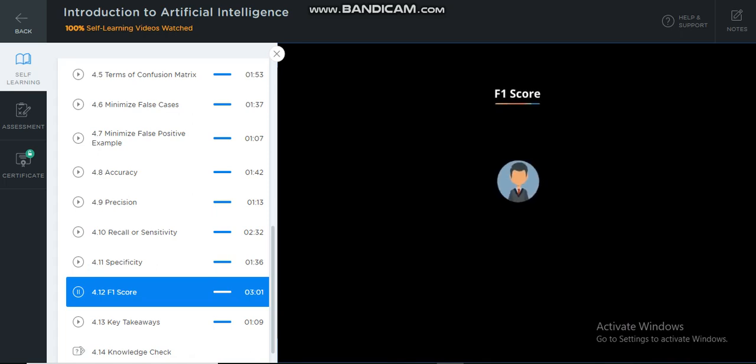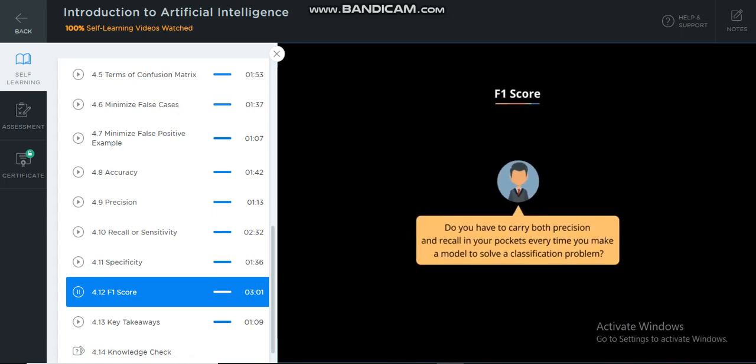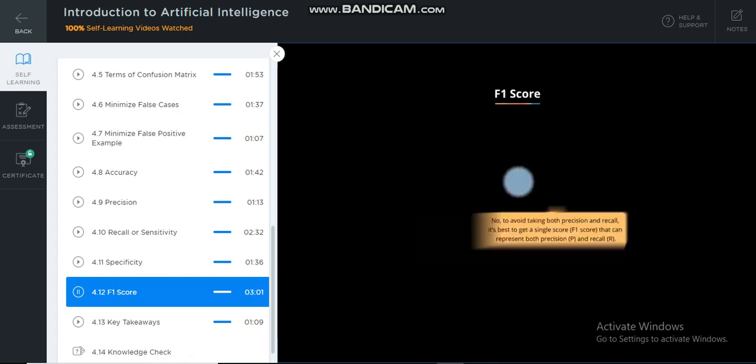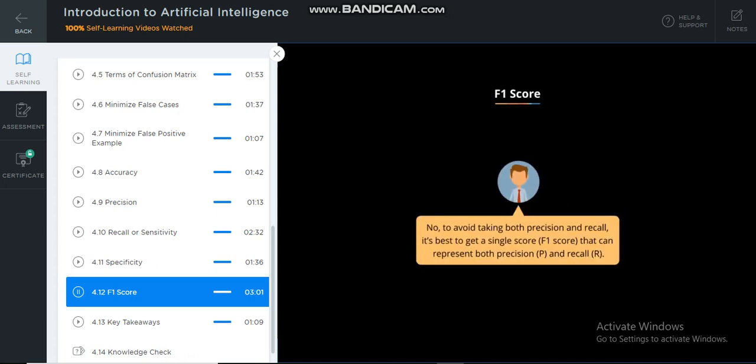F1 score. Now that we have learned about both precision and recall, we realize that we don't want to carry both precision and recall in our pockets each time we make a model for solving a classification problem. To avoid taking both, it's best to get a single score that represents both precision and recall, known as F1 score.